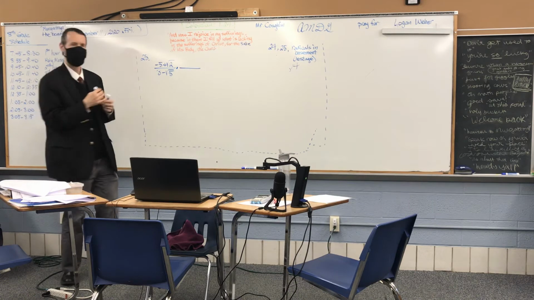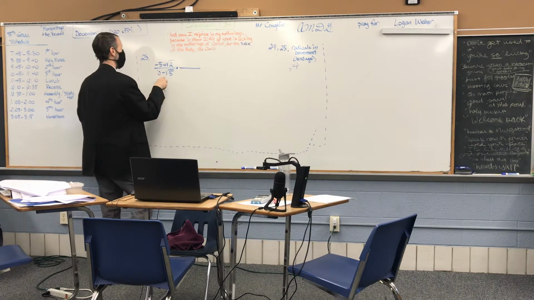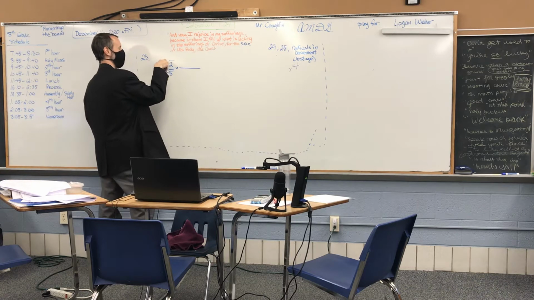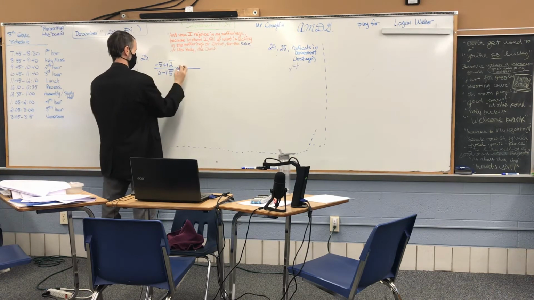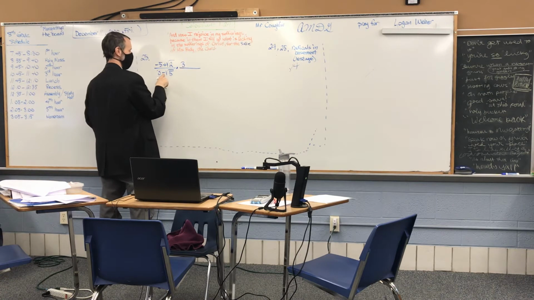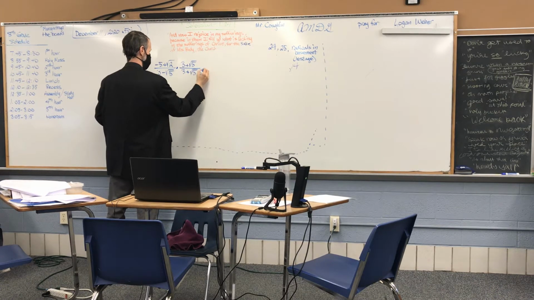Conjugate, nice. So what is the conjugate that we need to use? 3 plus radical 5. Right. Make sure you don't do the conjugate at the top. We don't worry about radicals on top. We worry about radicals on the bottom. The conjugate is switch the sign in the middle. 3 plus radical 5. Just make sure you do that to the top and bottom, to both sides.